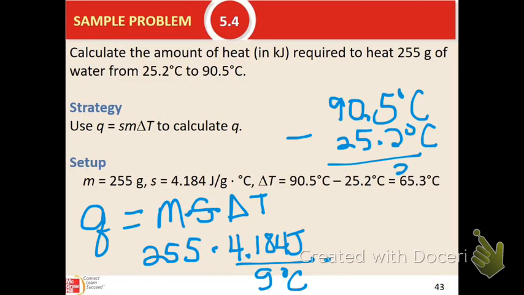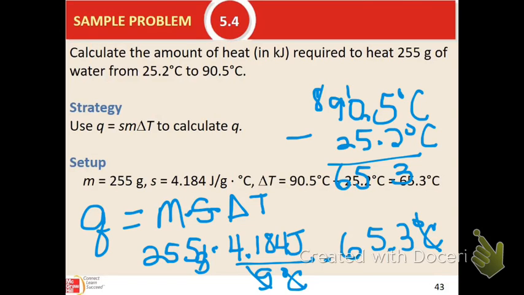And that's 3 right there, and borrow that, make that an 8, that's a 5, and that's a 6, 65.3. Notice this degree Celsius takes out that degree Celsius, and this gram right here takes out that gram right there. And so then we're simply going to multiply to get our answer.